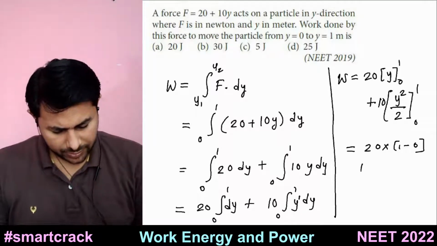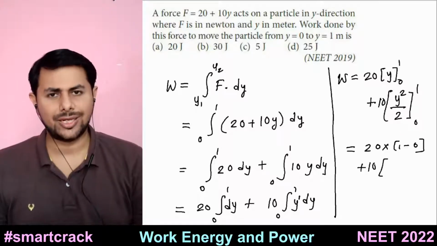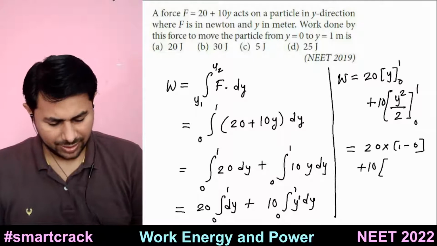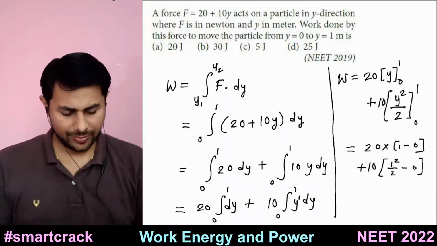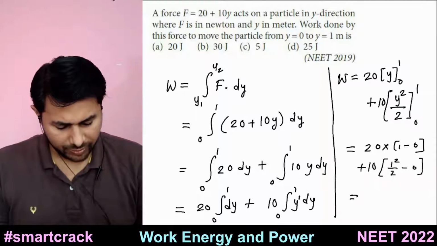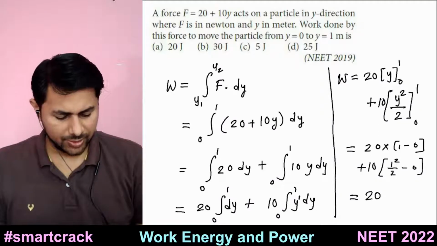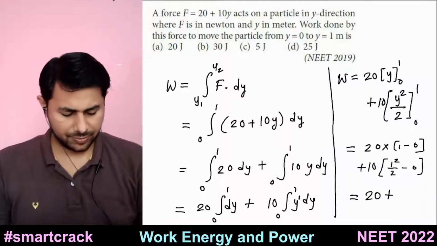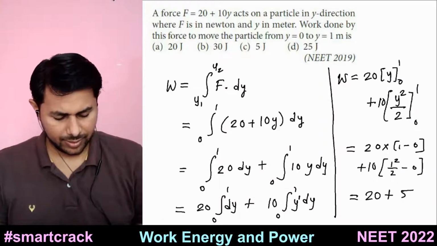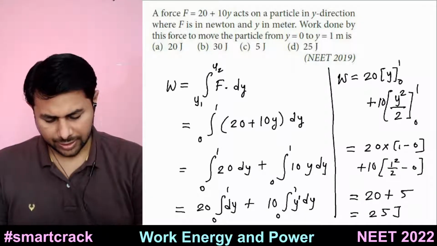Then we have 10 into y square upon 2, so 1 square upon 2 minus 0 square upon 2. 1 square is 1, so it's 1 by 2. 1 by 2 multiplied by 10 gives us 5. From the first term we get 20 times 1, which is 20, because 1 minus 0 is 1. So 20 plus 5 gives us 25, and 25 joule has to be the answer.